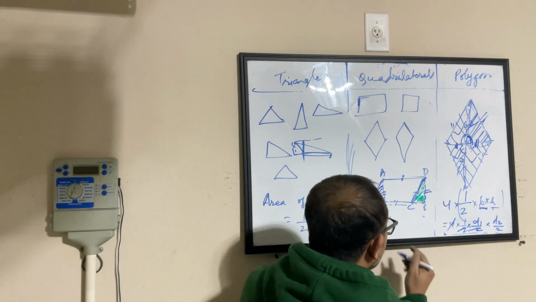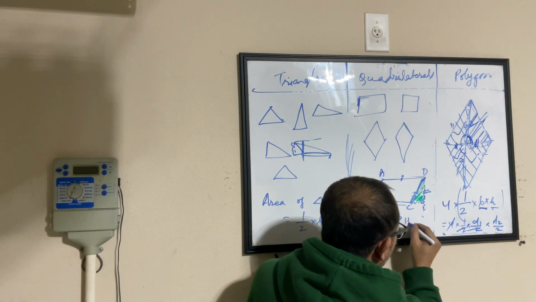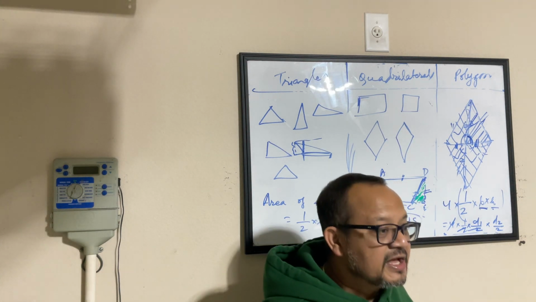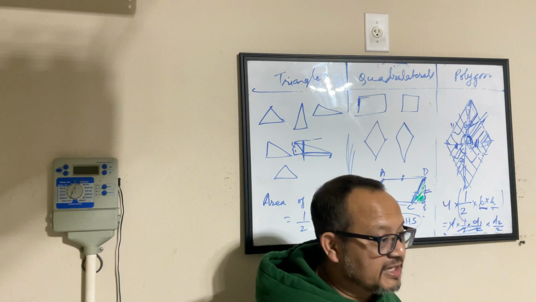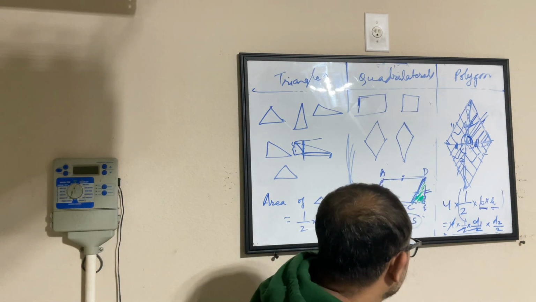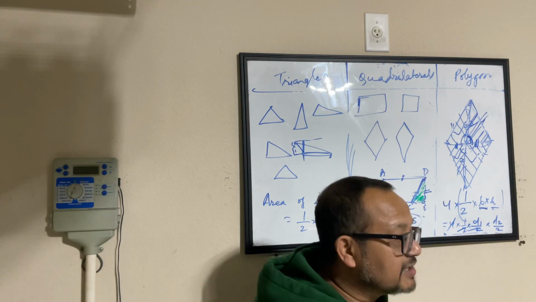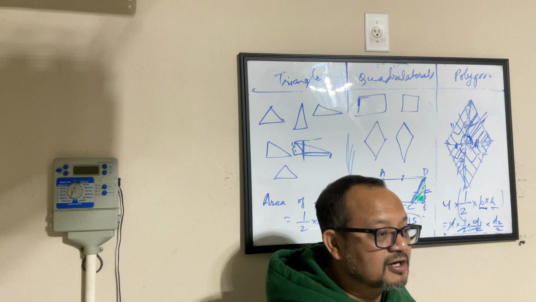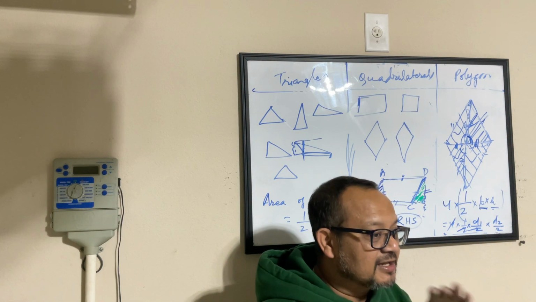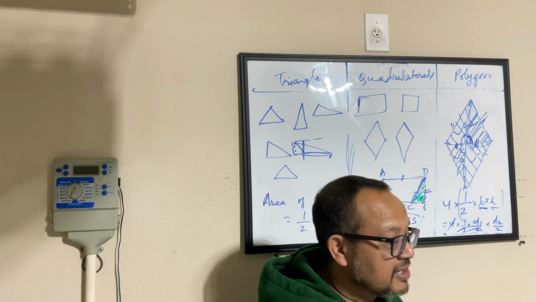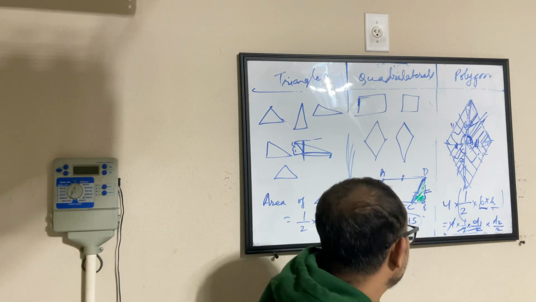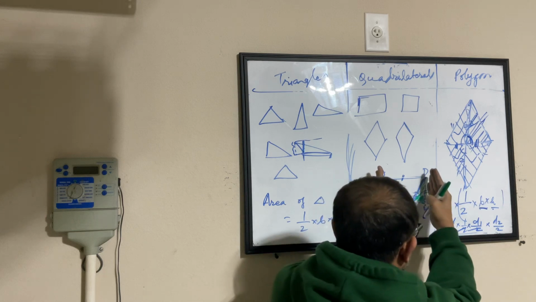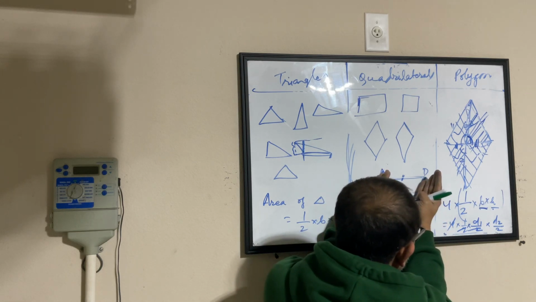So these two are right angle triangles, and there is a theorem for congruence for right angle triangles, which says the two right angle triangles will be the same if their hypotenuse is the same and one of the sides is the same. So actually the blue and green triangles are congruent. They have the same area. They have exactly matching properties. So whatever I did to make a rectangle, that has the same area as this parallelogram.